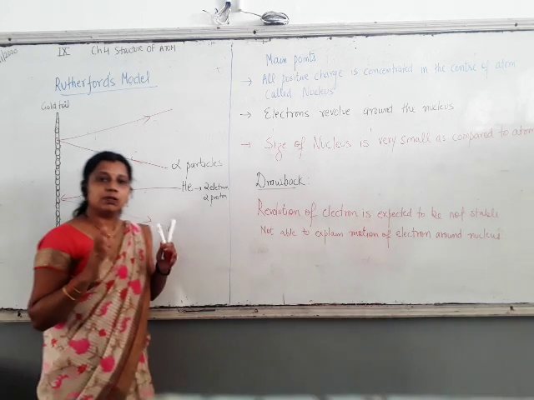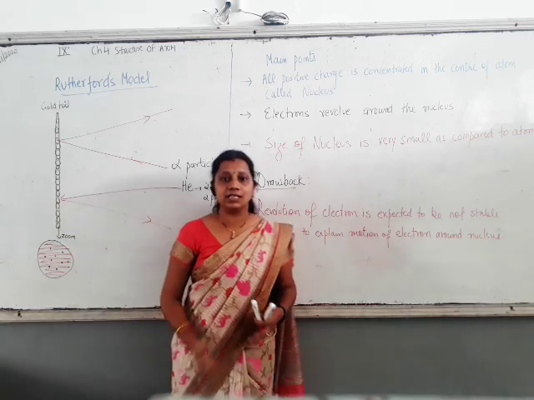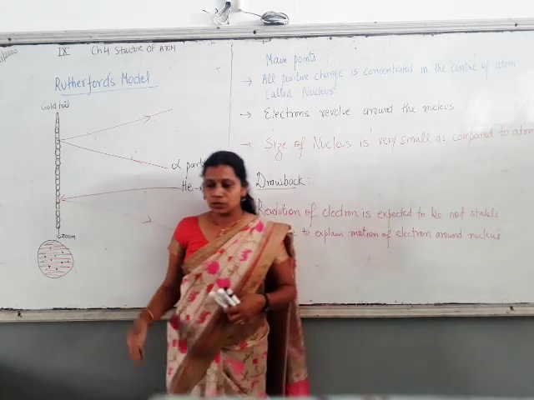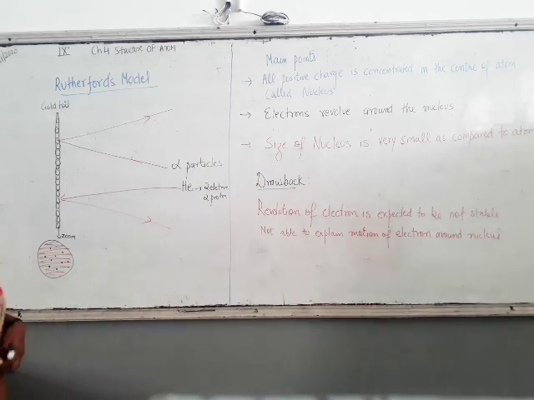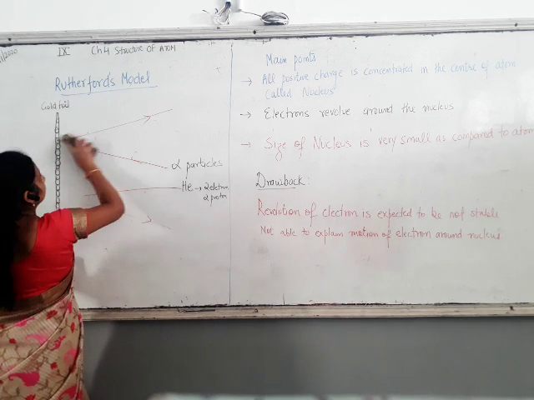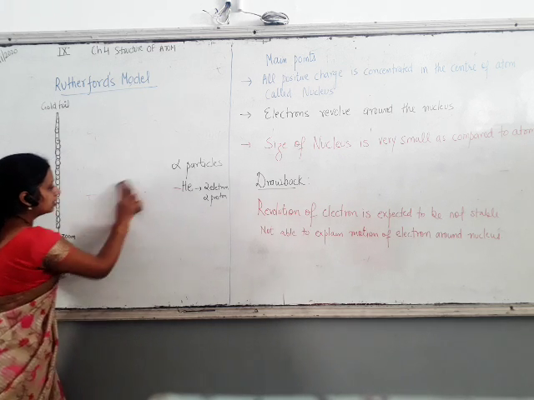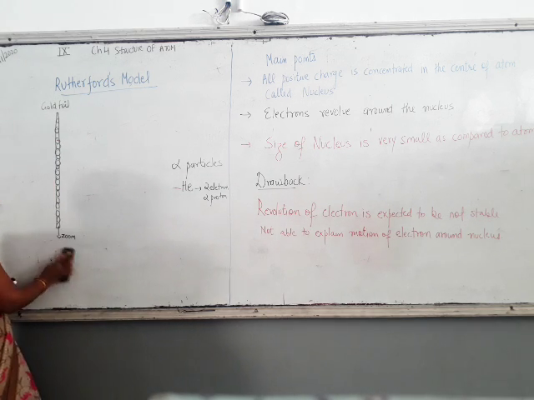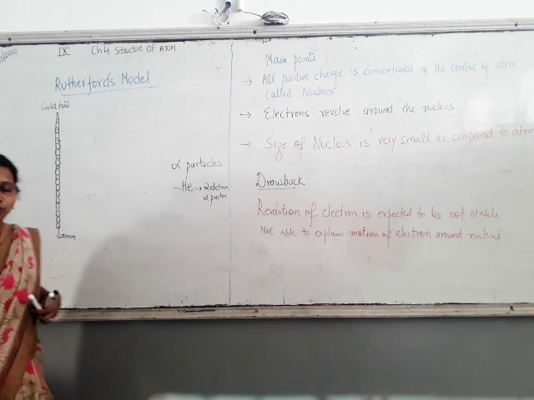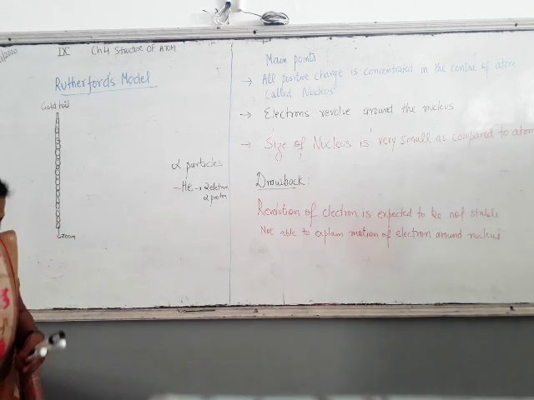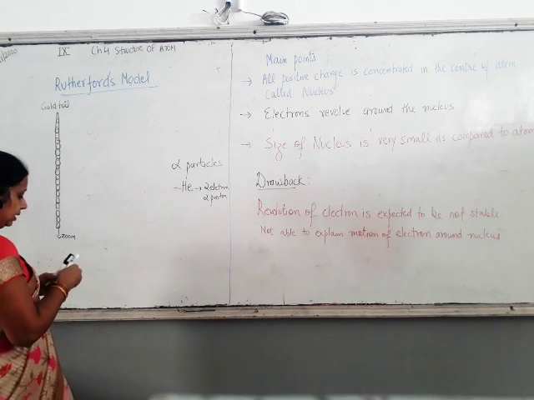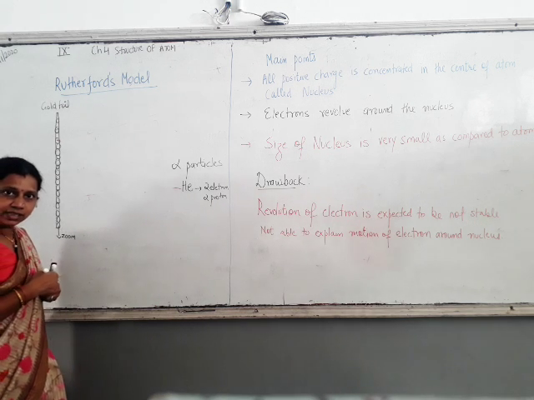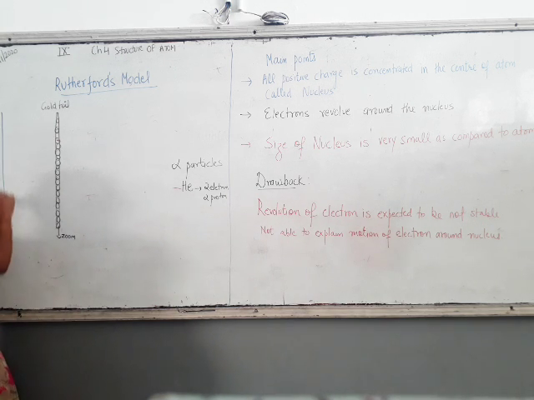But he was surprised to see the results of this experiment. So what did he get? Instead of the scattering pattern that I explained just now, what he obtained is that most of the alpha particles pass through here.